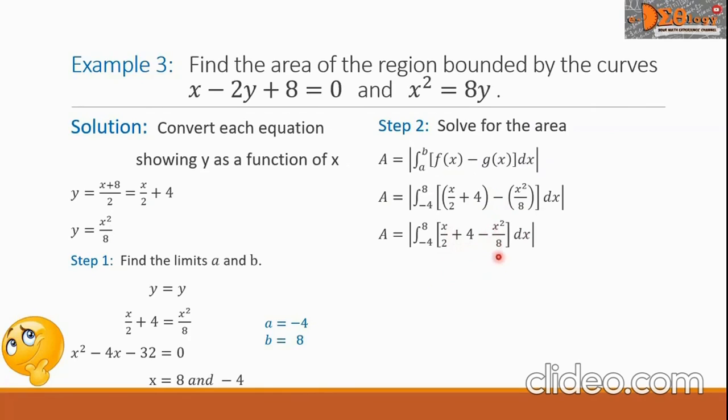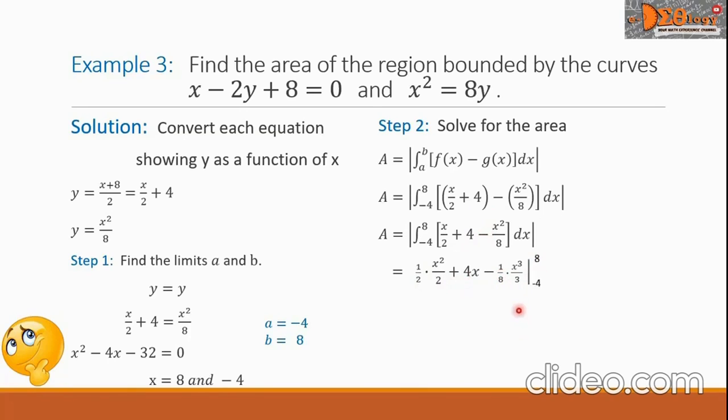Let us do now the integration. This x over 2 becomes 1/2 times x squared over 2, plus integral of 4 is 4x, minus integral of x squared over 8 is 1 over 8 times x cubed over 3.